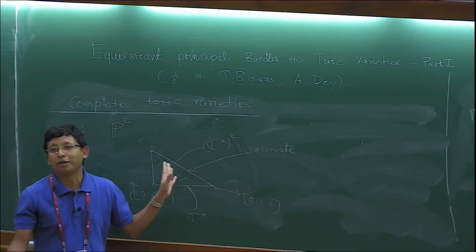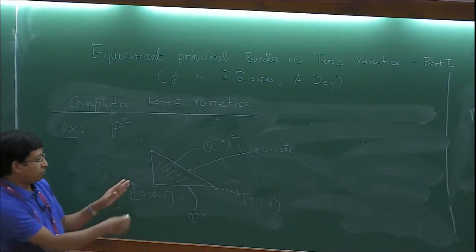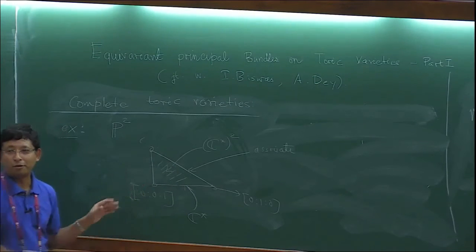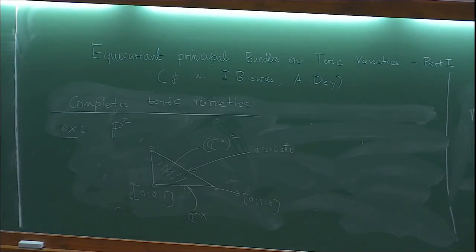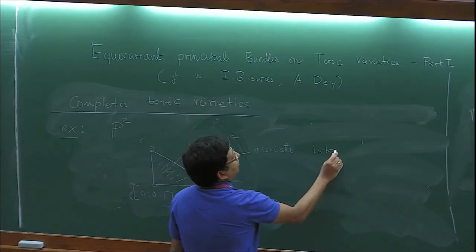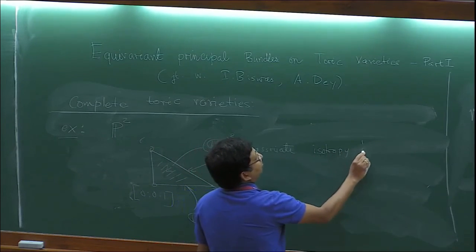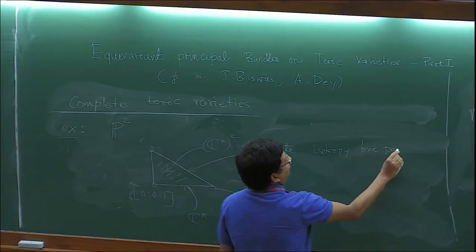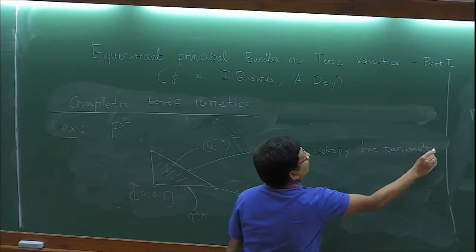It has a stabilizer, so you quotient out by different copies of 1 parameter subgroups C star. Now, associate the stabilizer isotropy 1 parameter subgroup.